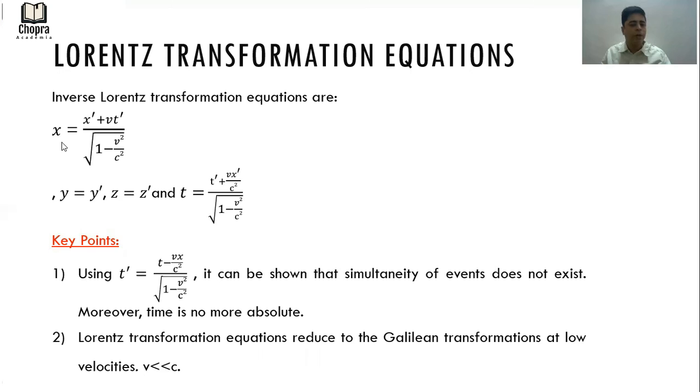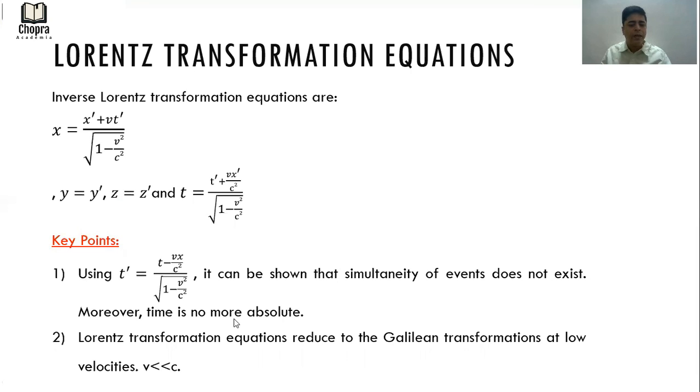What are the key points here in Lorentz transformation equations? First point is that t' is no more equal to t. So that means in relativistic mechanics, when the velocity is of the order of c, then it can be seen that time is no more absolute. If time is no more absolute, then the measurements made by the S and S' observers for the event will be quite different from each other.